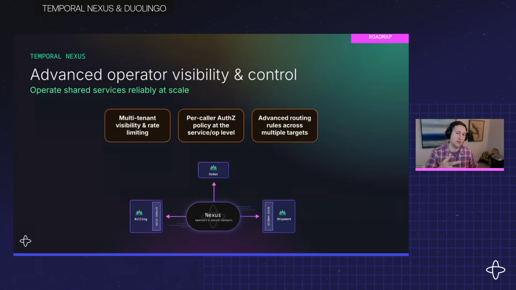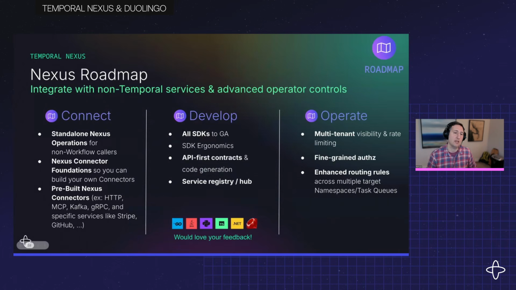Today, Nexus supports a single upstream target namespace and task queue. And so supporting multiple targets and then having routing rules by service name or header, those types of things on that front.